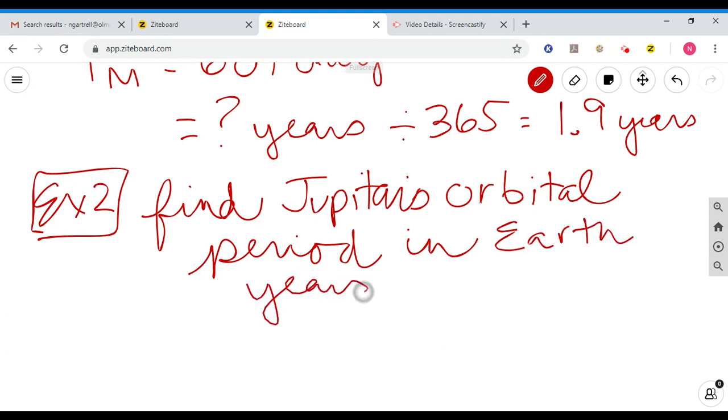Now, note that I worded this a little differently. So pause it if you need to catch up in writing in your notes. Find Jupiter's orbital period in Earth years.